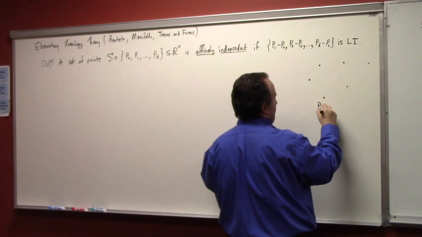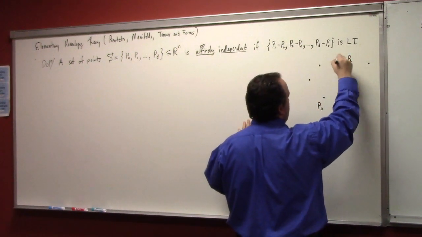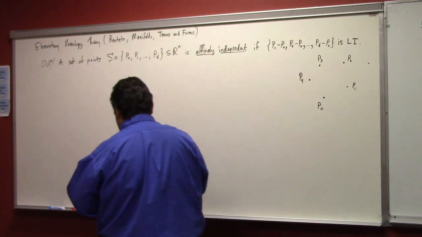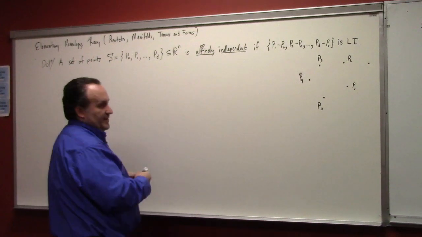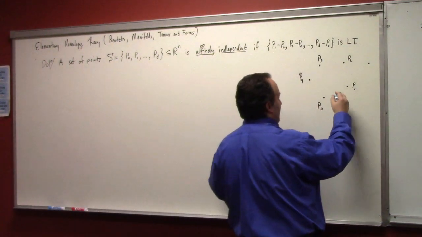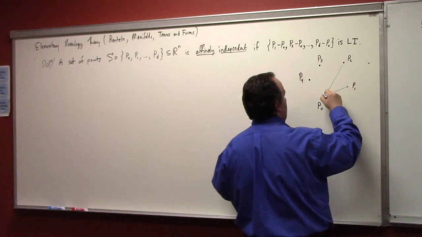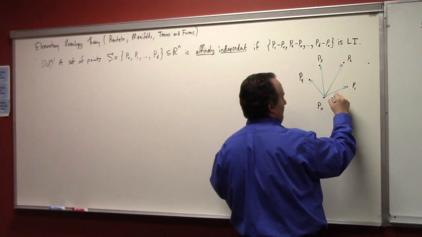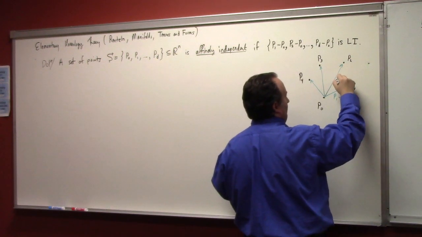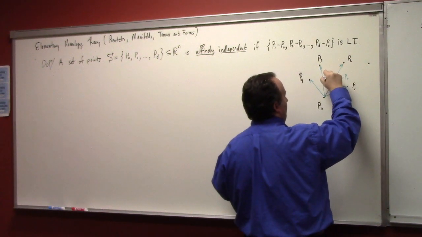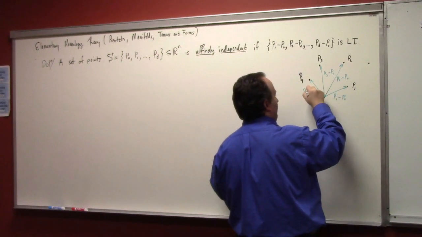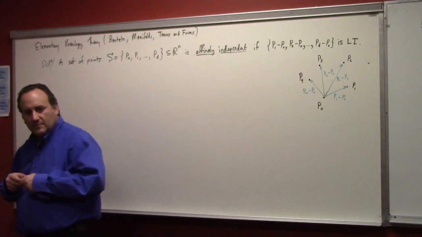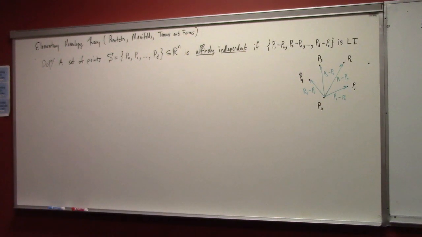If this is P0, and this is P1, and this is P2, and this is P3, and this is P4, we're desiring that the displacement vectors be linearly independent.